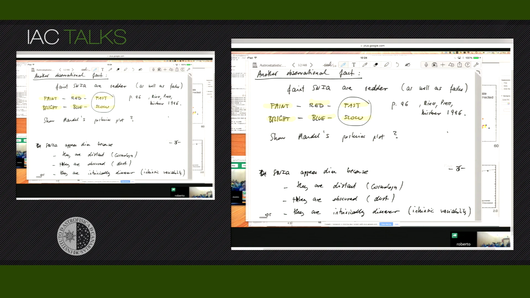We can observe the color of the light curve by looking at it in different pass bands, and we can use these two facts to statistically correct the magnitude to compensate for this correlation and effectively standardize these objects. And that's a statistical problem.